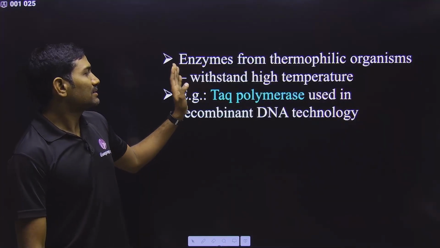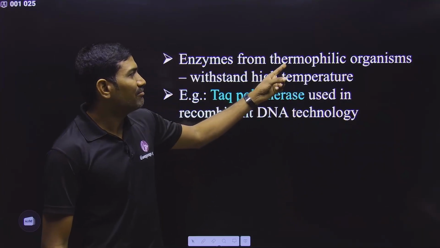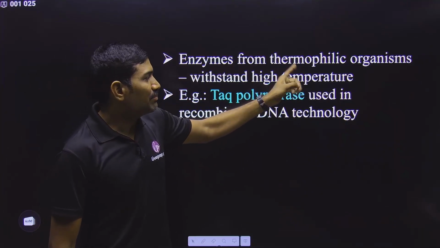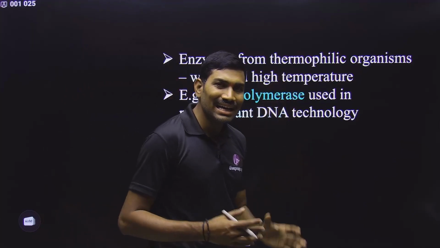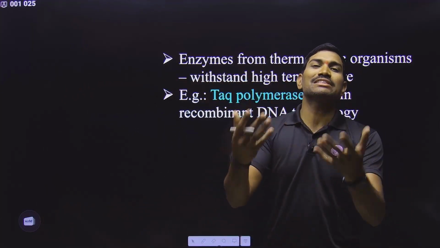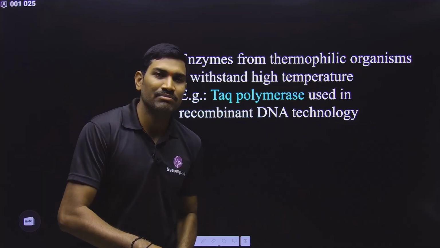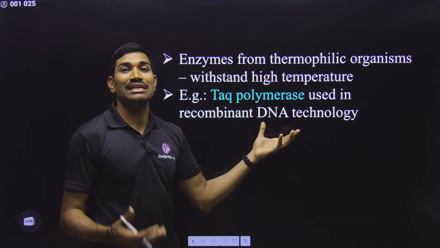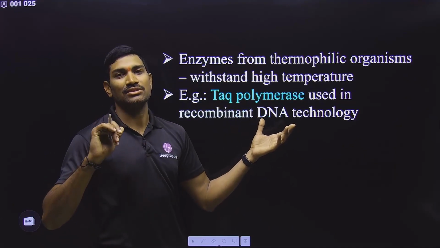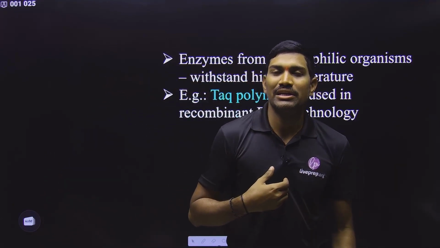So please remember this. Next one is, there are some organisms that are living at very high temperatures, and such type of organisms are called thermophilic organisms. Since these organisms are naturally present at very high temperatures, definitely the enzymes present in them are also active at very high temperature. So that's why these enzymes can withstand high temperatures. Suppose you are taking an enzyme of human. What is the normal body temperature for the human?